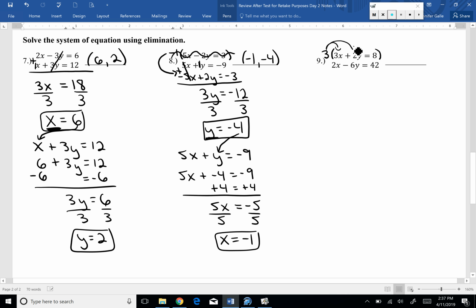And remember, when you distribute, it has to go to every term. I'm going to write that right below down here. 9x plus 6y equals 24. Again, I'm going to put a little squiggle through that top one, just so I don't get mixed up seeing 3 equations there.